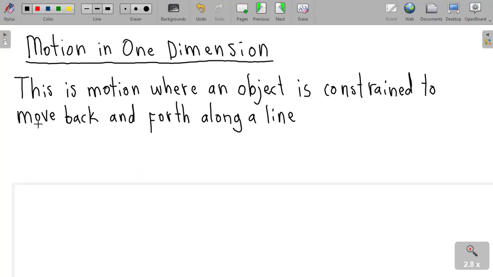So let's begin with speed and velocity. We're going to look at speed and velocity first.